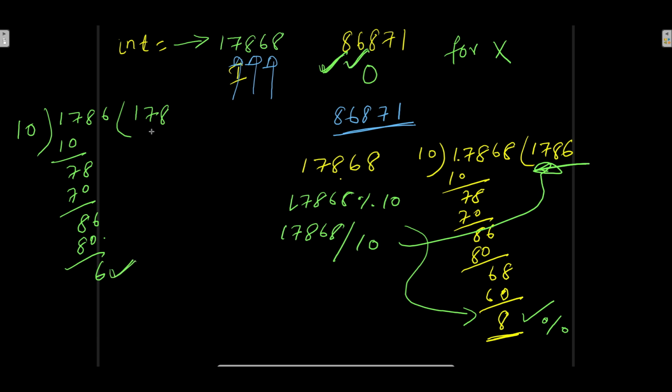You got it? Now what is here? 178. If I again divide by 10, what is the modulus it will come? 1 time 10, 78, then 7 times 70, then 8, right? And this 8 is our third answer, right? Then we have 17.